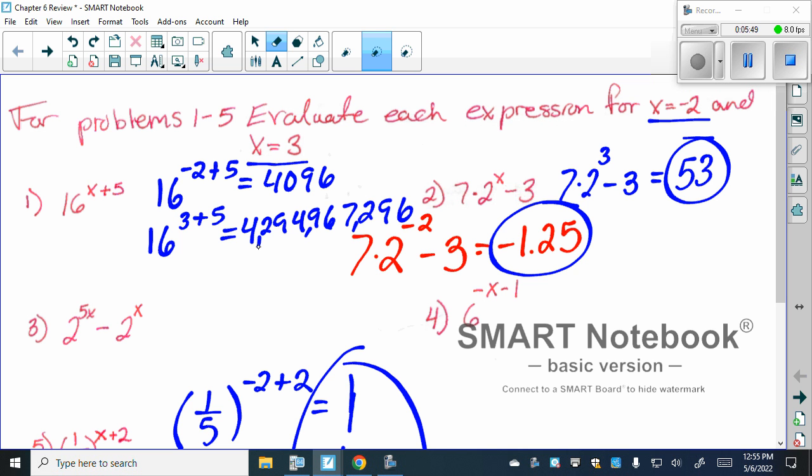Any other questions on 1 through 5? For 1 through 5, we're really just plugging those numbers in, typing them into the calculator, and letting it tell us what the answer is.